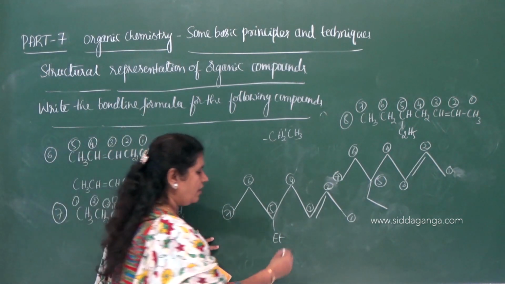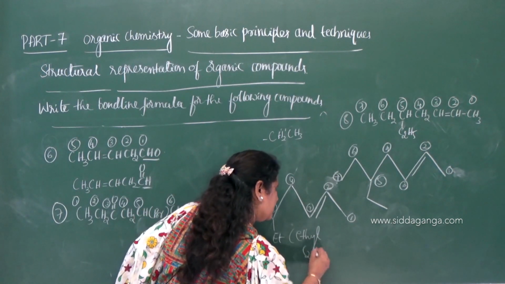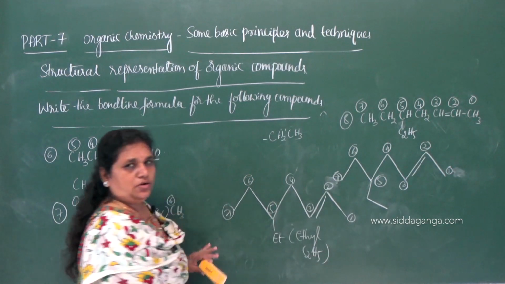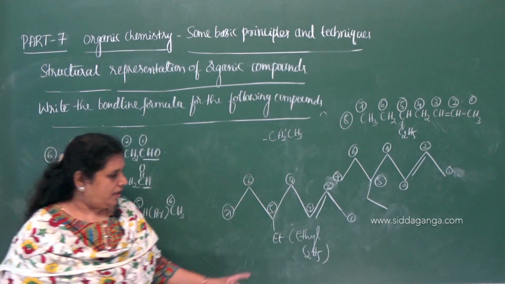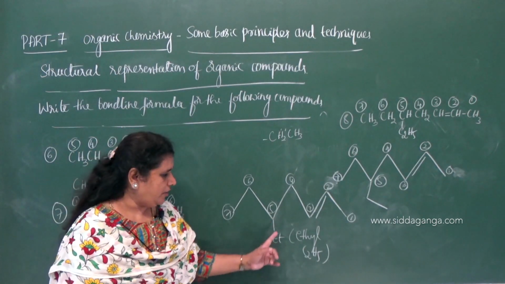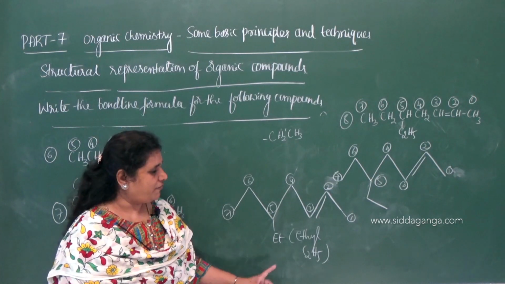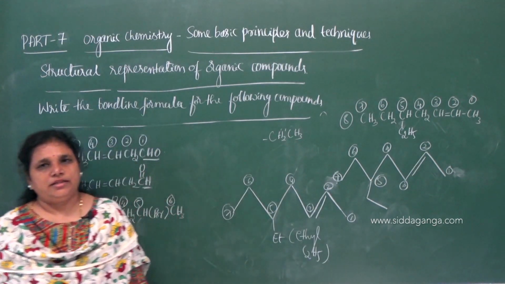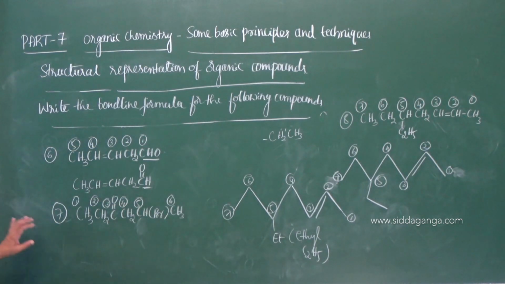Et stands for the ethyl group, that is C2H5. So you can also represent it by using Et. Me stands for methyl, Et stands for ethyl. This is the abbreviation that you can use in a bond line formula to represent the ethyl group. Okay, now take one question.